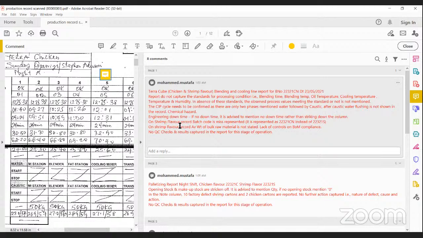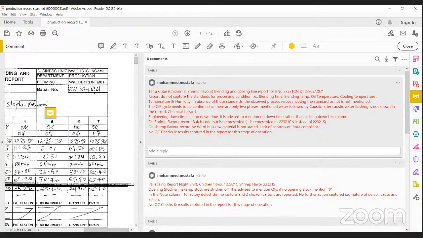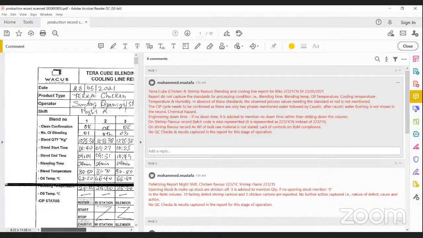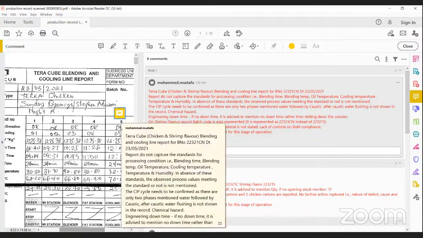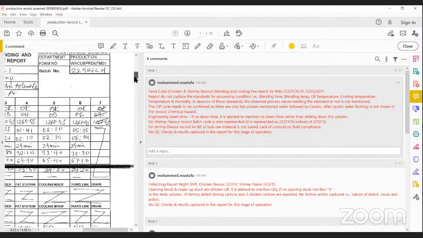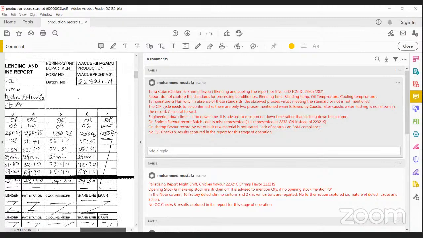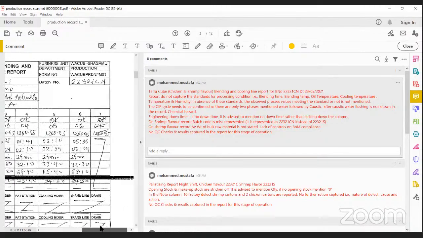On shrimp flavor, record batch code is misrepresented. Yes, we notice that you look at the batch code here, and this is for Terra chicken, and we have the same batch code for Terra shrimp.